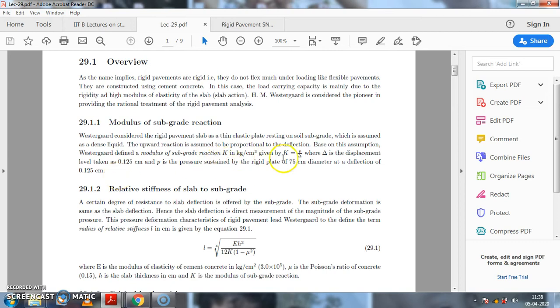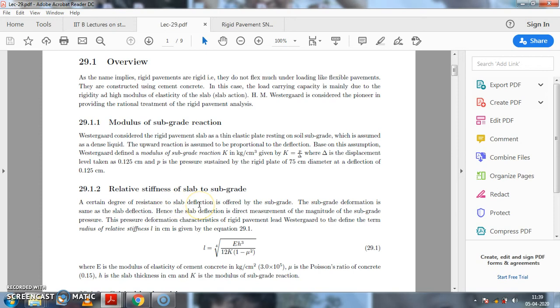Now basically this test is done on a 75 centimeter dia plate, but it is not at all possible every time to arrange a 75 centimeter plate. That's why we use a 30 centimeter plate for our better use. Okay, so this is the main thing we have to understand.